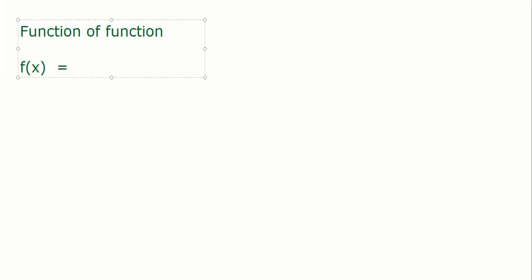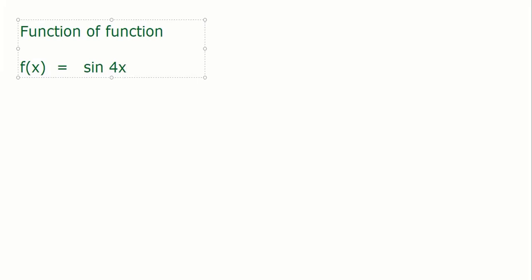Now, function of function. That is a very easy thing. I'll explain it with an example, not with the standard writing f(x). Suppose my f(x) is given as sine of 4x.